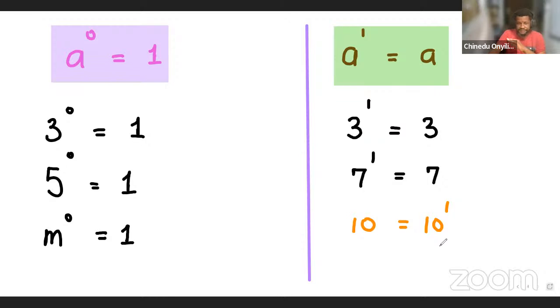Now the next one I want to bring to attention is one that has to do with fractional indices. Usually for students in year 10 or year 9, that's when you move into this. So this is the rule I'm trying to show you guys. If you have a to the power of m over n, I hope you guys can see that letter m.